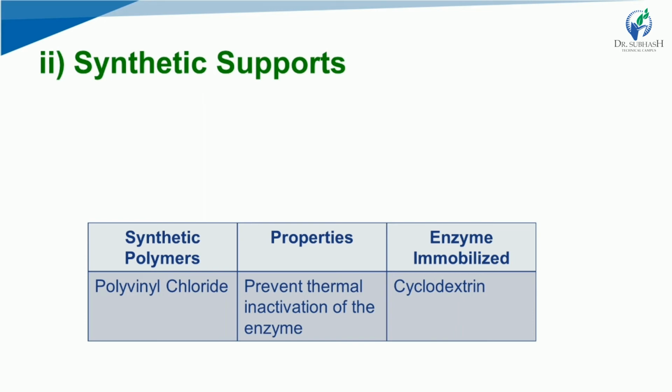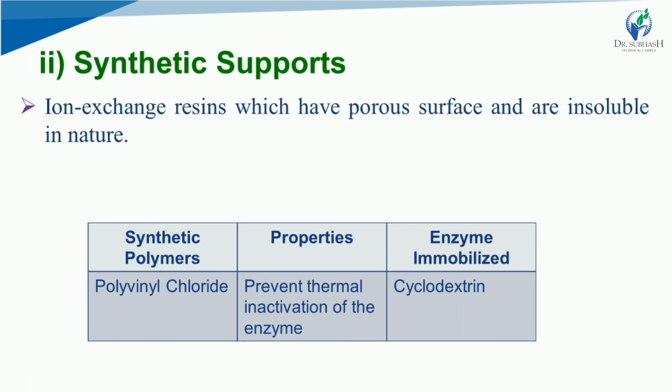UV activated polyethylene glycol is also one type of synthetic polymer, and it provides high porosity, used in wastewater treatment, right? There are a lot of synthetic polymers that are important, so you need to go through all of them. Remember and memorize that the examples are really important to study this.